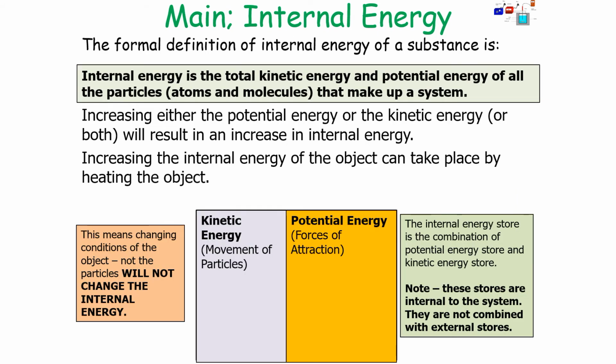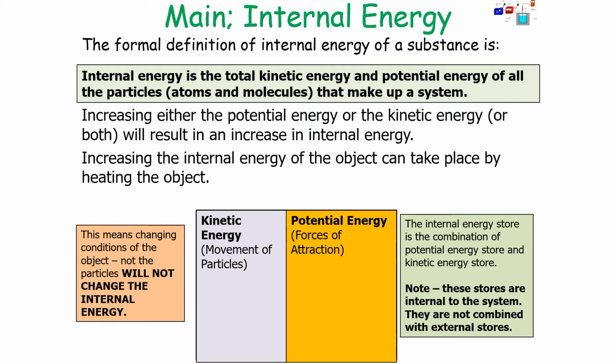It's important to note that the formal definition of internal energy is the total kinetic energy and potential energy of all the particles that make up a system. An increase in either the potential energy or the kinetic energy store will result in an increase in internal energy, and the increase in the internal energy of the object can take place by heating.